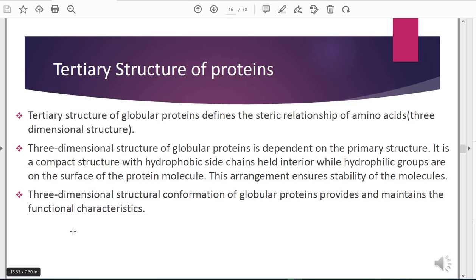When the hydrophobic side chain تبقى tends to be interior in the structure and the hydrophilic group tend to be on the surface on the protein molecule. فاكرين لما قلنا hydrophilic و hydrophobic أو polar و non-polar؟ قلنا hydrophobic يعني don't like water, so it tends to be interior in the molecule away from the surface.